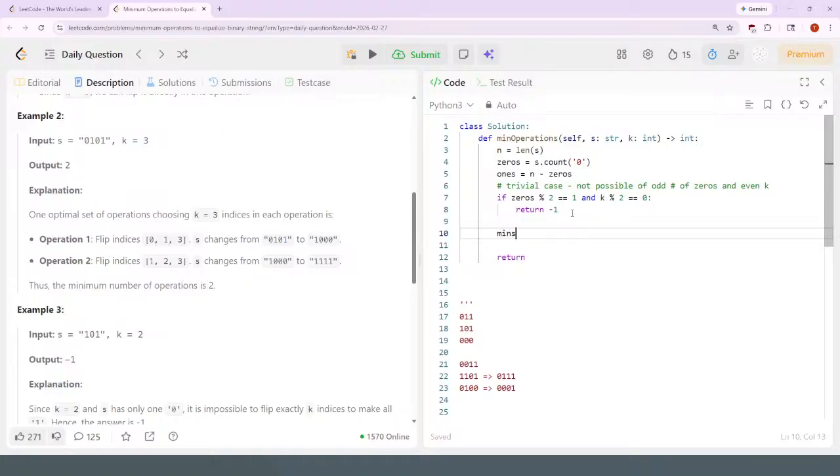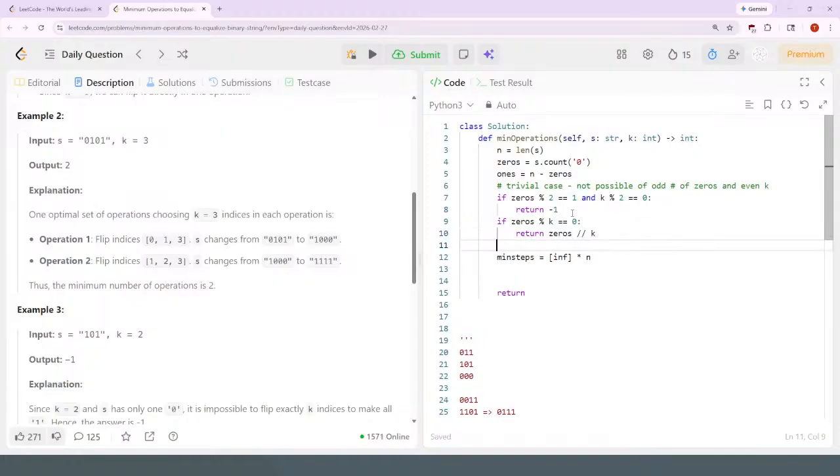So let's say min steps is going to be infinity times n, so number of steps it takes to get to a certain value. I guess maybe I can do the other trivial case, which is if the number of zeros is divisible by k, then return the number of zeros divided by k.